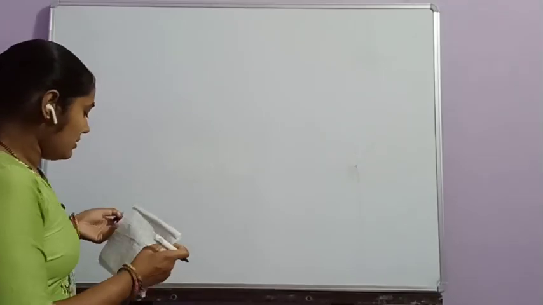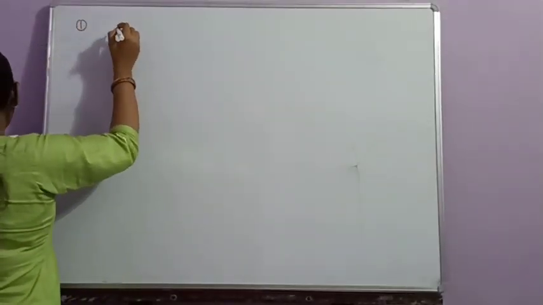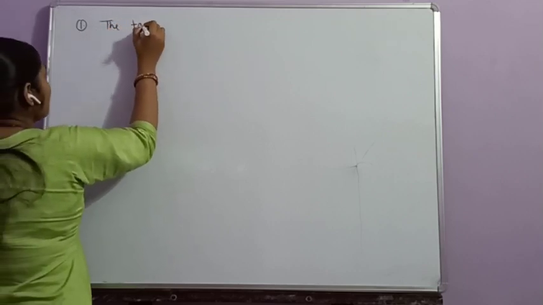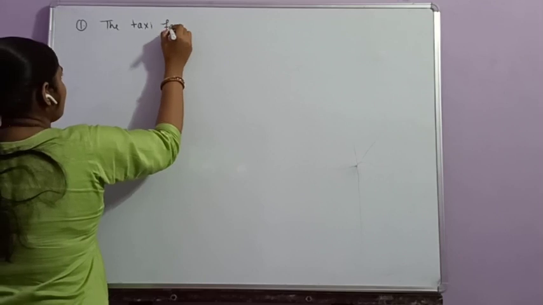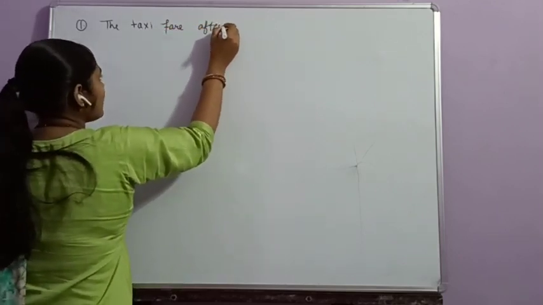Hello students, in last video we have discussed about first term of AP and common difference. Today we will discuss some examples. For example, first is the taxi fare after each kilometer.